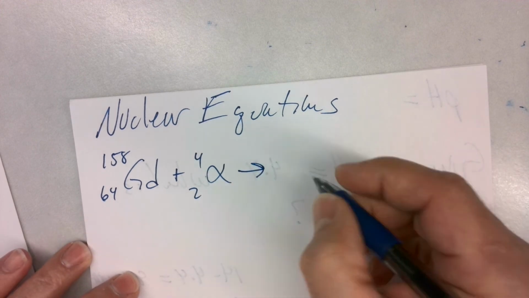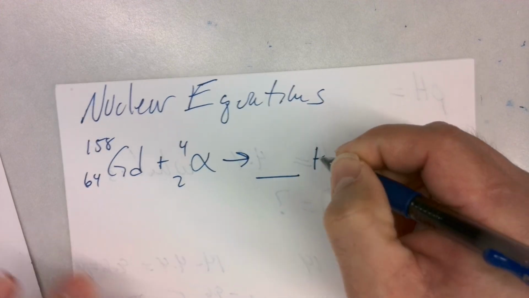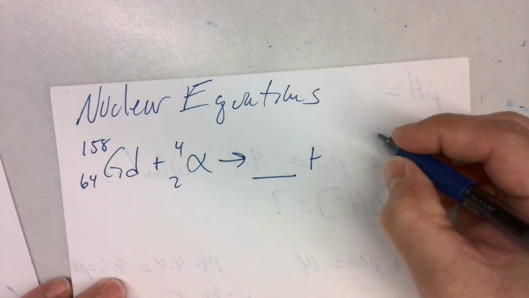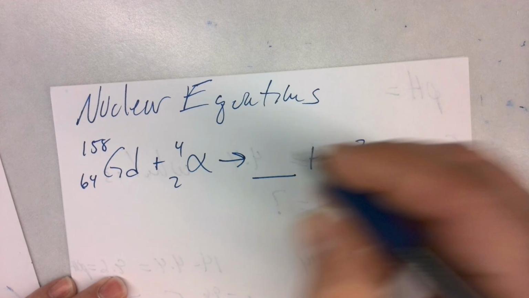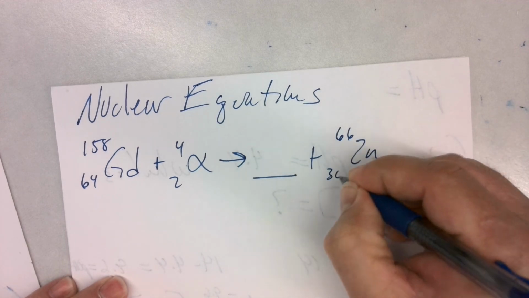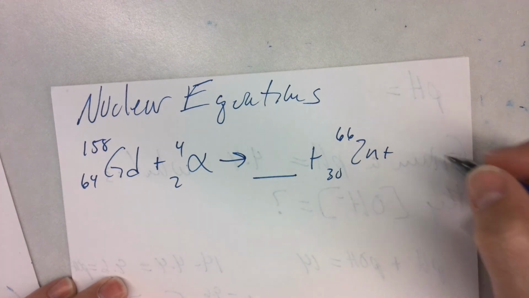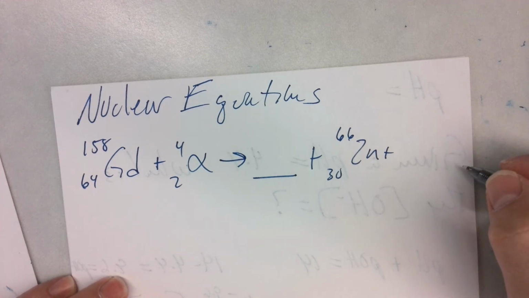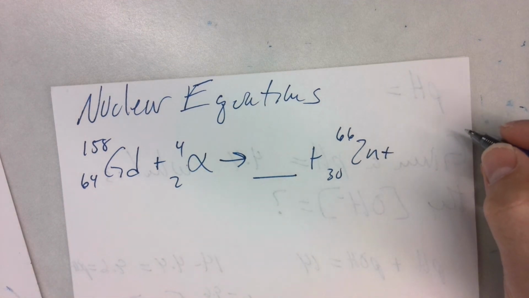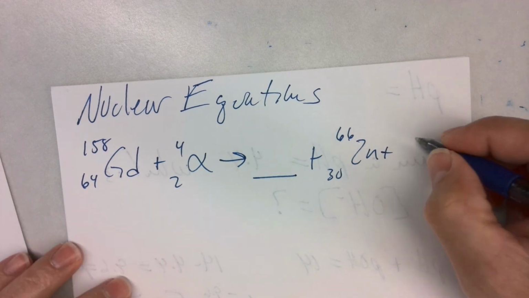And let's say it splits into something plus, and I'm just going to make something up here, and let's say I get out zinc 66 and 30 plus, let's say, I don't know, 2 neutrons.